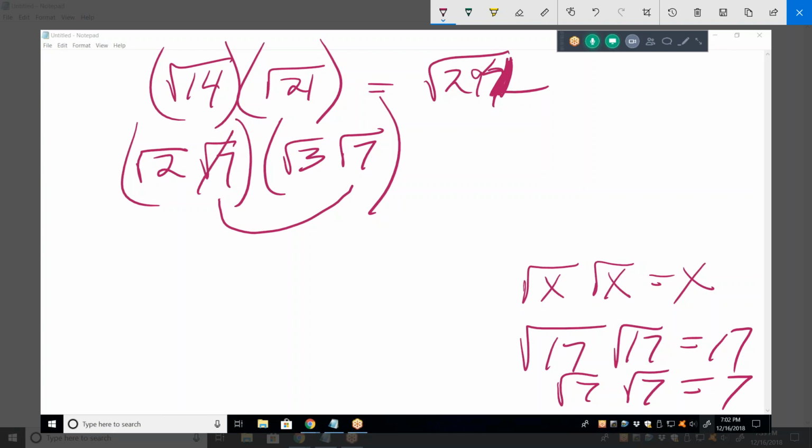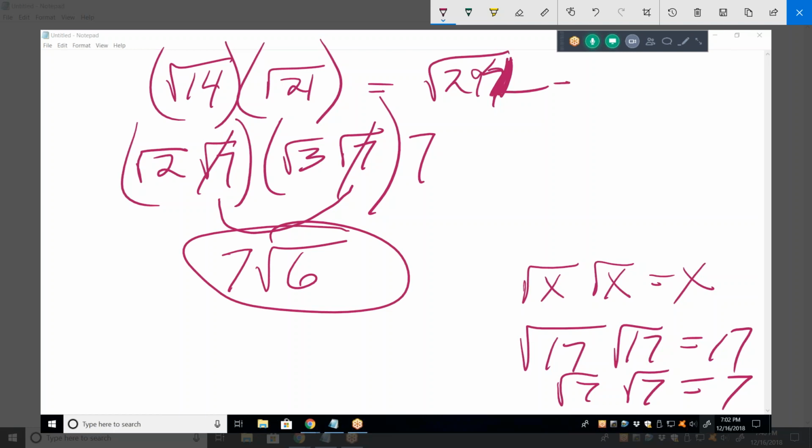So I can cross that out and add a 7. Now, what's square root of 2 times square root of 3 equal to? Would it just be 6? The square root of 6. Don't leave your radical sign off. And now that's multiplied by a 7, and I put that in front. So the square root of 294 is 7 radical 6. And they don't want a decimal value.